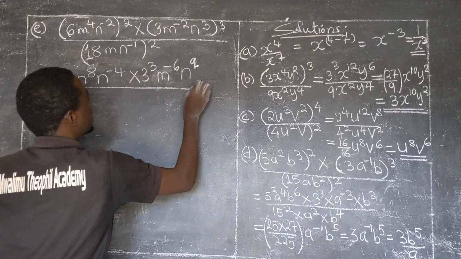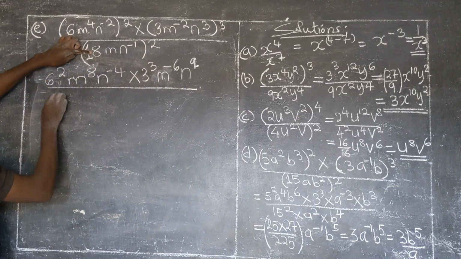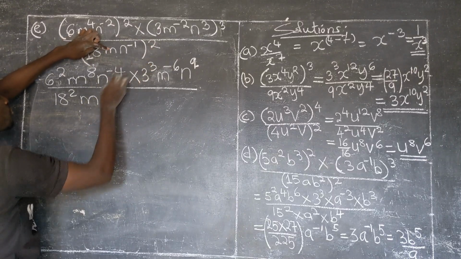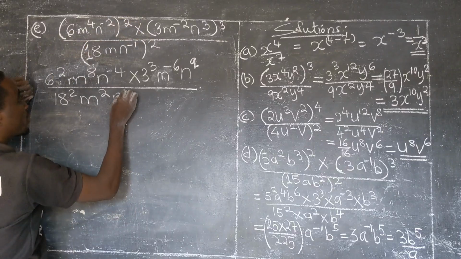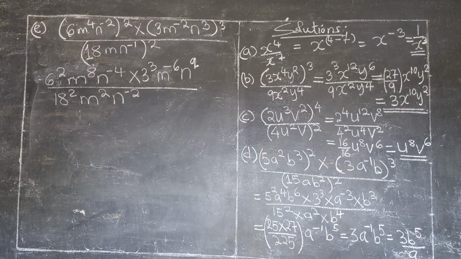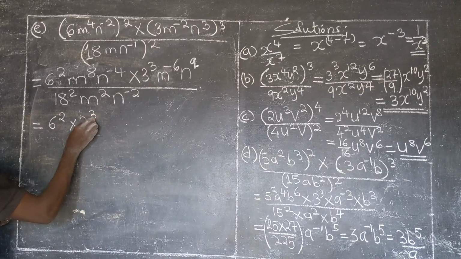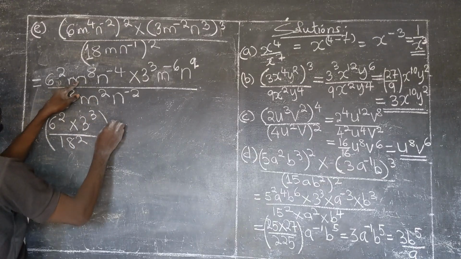After that, we divide as usual. This becomes 18 square, this way, m raised to 2 times n raised to negative 1 times 2, which is negative 2. Here we are going to have 6 raised to 2 times this 3 raised to 3 over this 18 square times m.